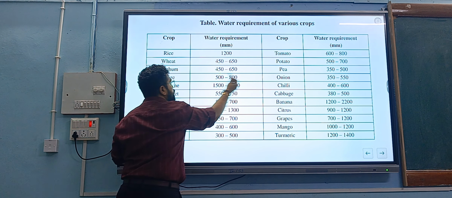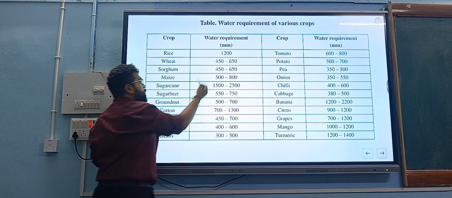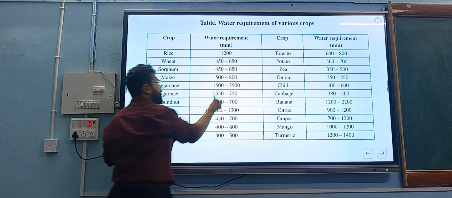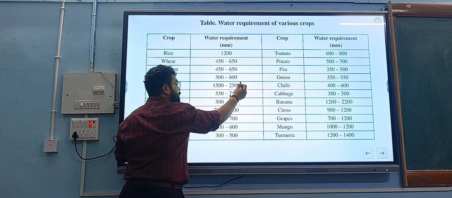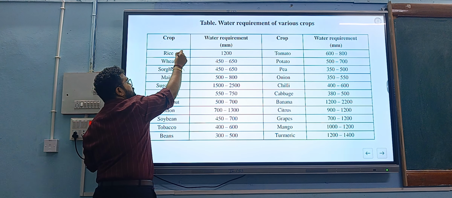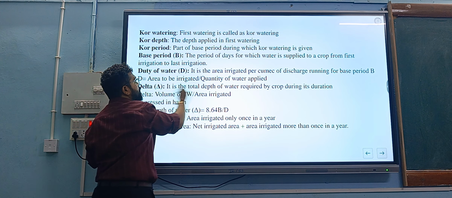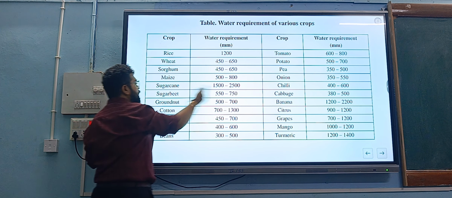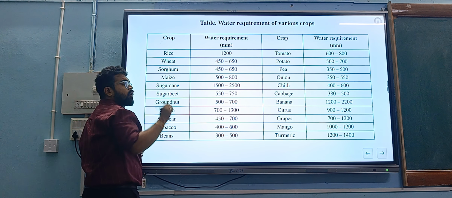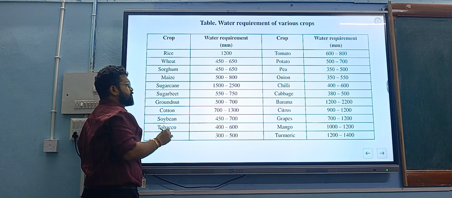Sorghum requires 450 to 650 mm. Maize requires 500 to 800 mm. Sugarcane requires 1500 to 2500 mm. However, the duration of this crop is 1 year, whereas rice is around 5 months. So the water requirement of rice is 1200 mm, and sugarcane is around 2500 mm. Wheat and sorghum are the same, around 450 to 650 mm.